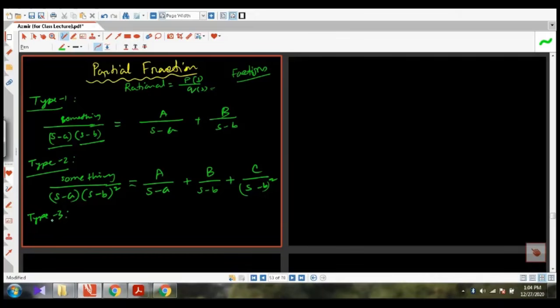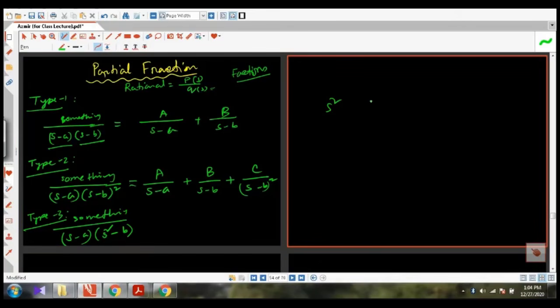Type 3. Suppose we have something over (s - a) with another factor (s squared - b). Let's say it will be quadratic form. It may be s squared plus bs plus c form also. So in that case, how we can decompose?